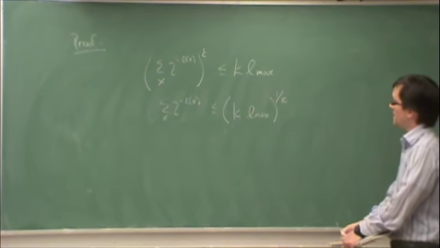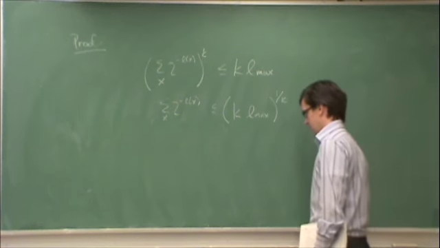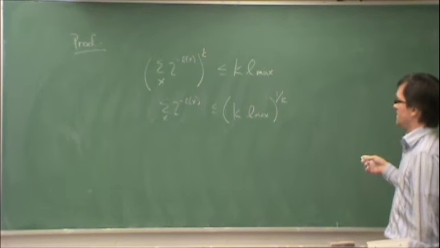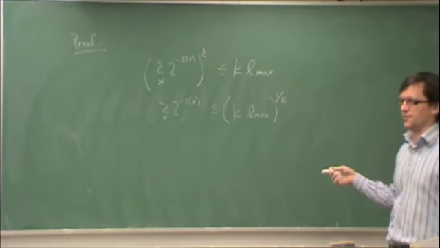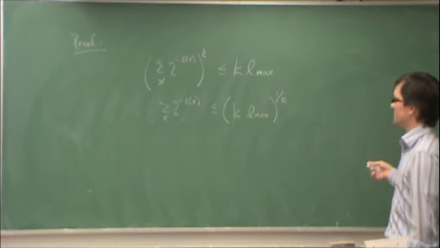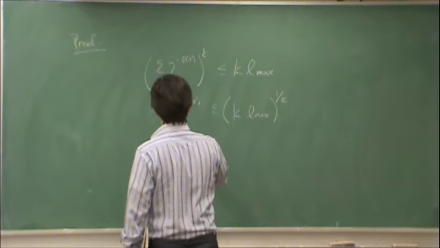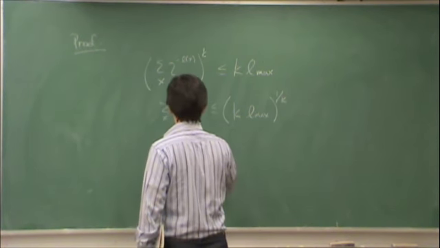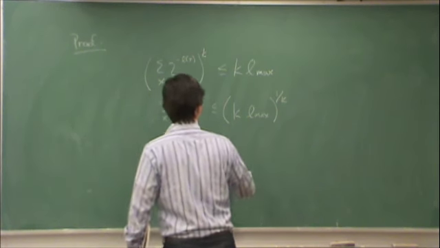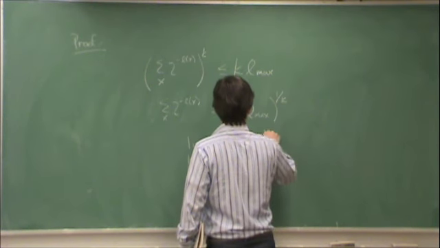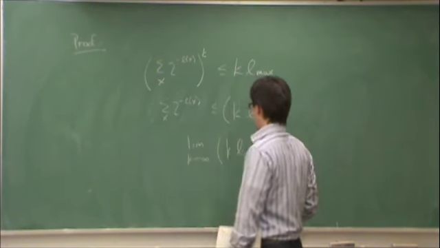Now remember, I'm taking the kth extension. k did not appear in the statement of the theorem, so therefore I'm free to choose any value of k that I like. And in particular, the limit as k goes to infinity of (k L max)^(1/k) is equal to 1.